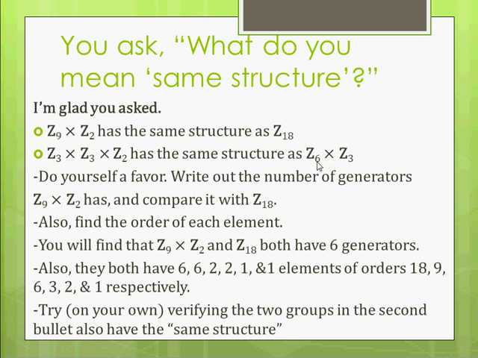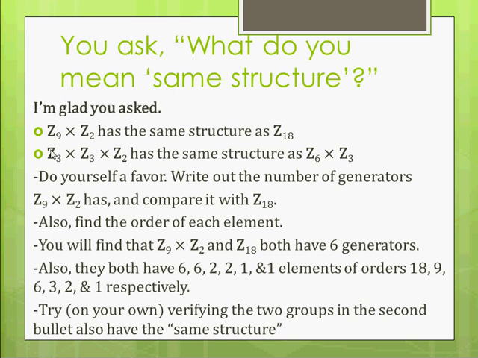You should write out all the elements of Z6 cross Z3. So 0, 0, 0, 1, 0, 2, 1, 0, 1, 1, 1, 2, and so forth. And find the order of each of those elements. In other words, find how many times you need to add each element to itself to get the identity.